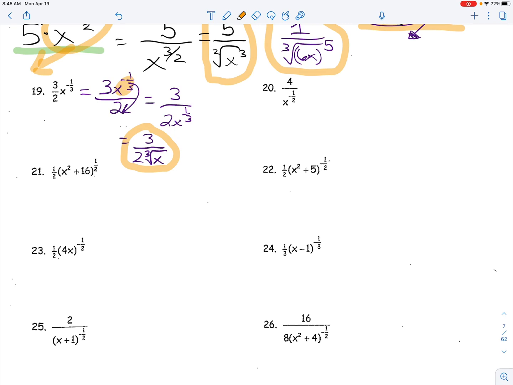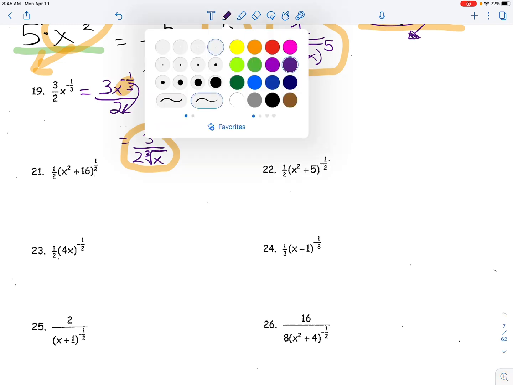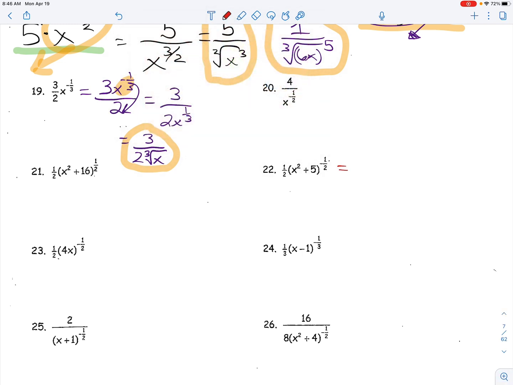Once again, that x squared plus 5 to the negative 1/2 is on the side here. So if you want to rewrite this, this is 1 times x squared plus 5 to the negative 1/2, all over 2.